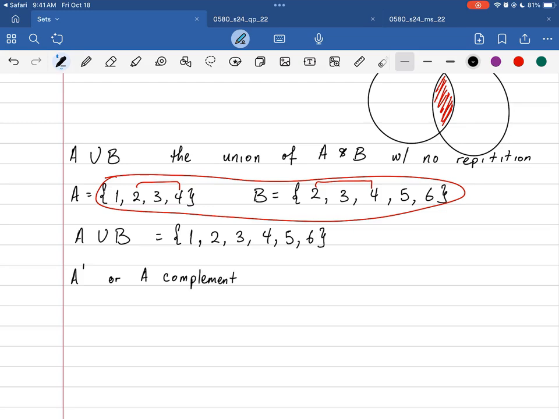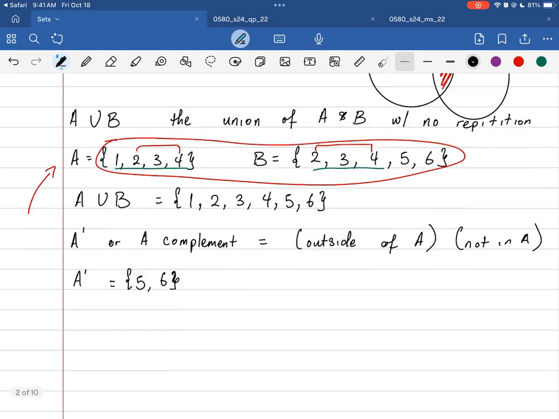This means everything outside of A, or everything not in A. So if I'm taking this example from before, this A and B, if I said A complement, which means everything that is not in A, these three are in A, so I'm not counting them again. So A complement is 5 and 6.